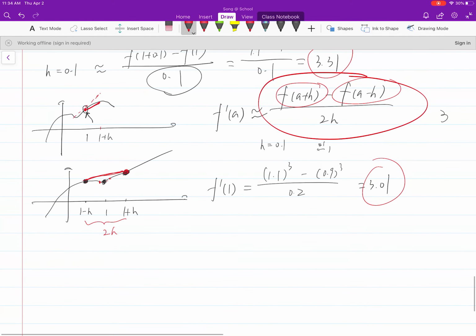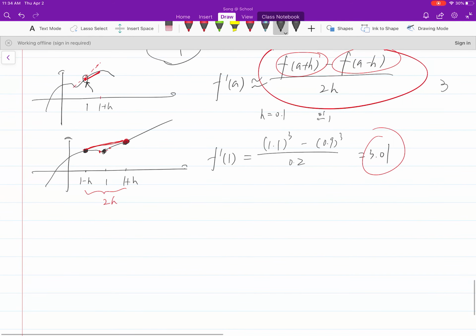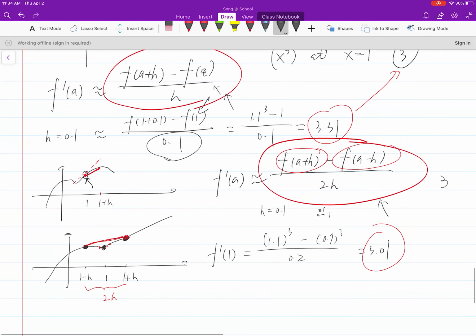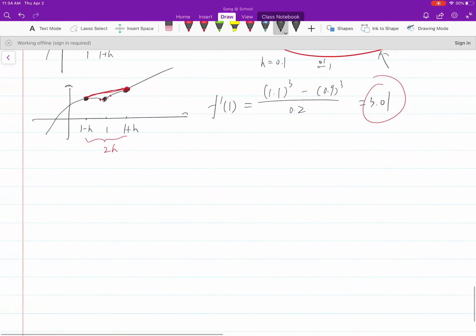The first formula gives you this, the second formula gives you this. Now, at least from what we observed for this particular function, using the same h, this formula is better than this formula here. That means if you use a calculator or a computer to calculate the numerical derivative of this thing, you better go with this one instead of this one.